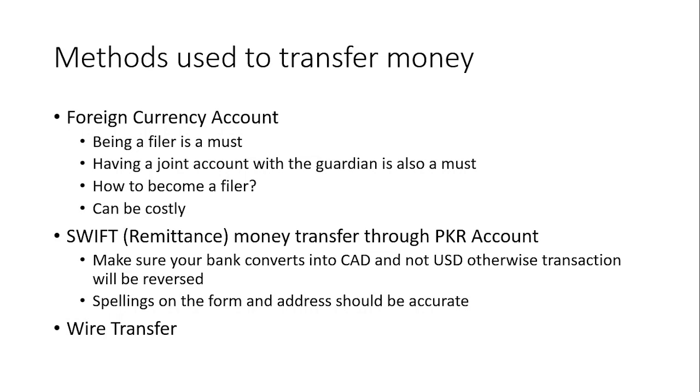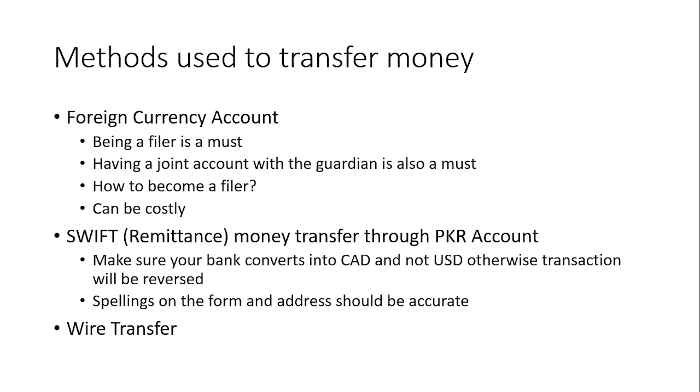Now, for example, if there's a person who has just completed his intermediate, and maybe they're not of age and they do not have a foreign currency account, they're not a filer. So how can they have a foreign currency account? Now, if they don't have one, then they say that you need to have a joint foreign currency account with your guardian, who could be your parent, your siblings, your mother, anyone, right?